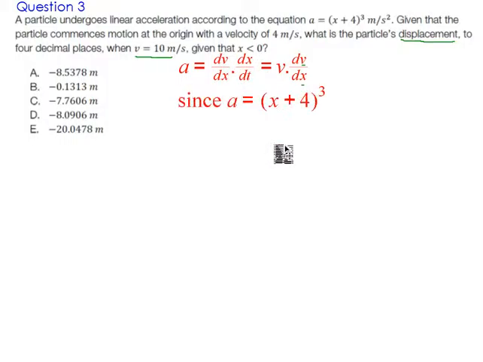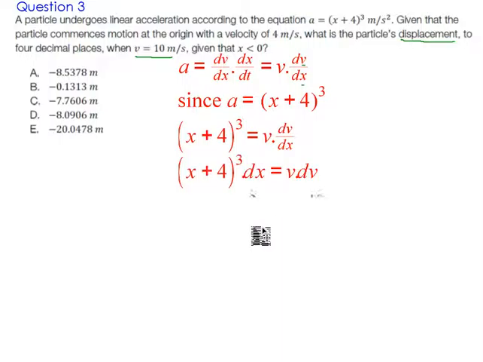So then we know what a is. Since we know what a is, we're going to use that and put it into the left hand side of the expression and set it up like this. Now from there we're going to do a little bit of rearranging, treating our derivative operator similar to a fraction, and separate the parts, all the x parts on the left hand side and the v parts on the right.